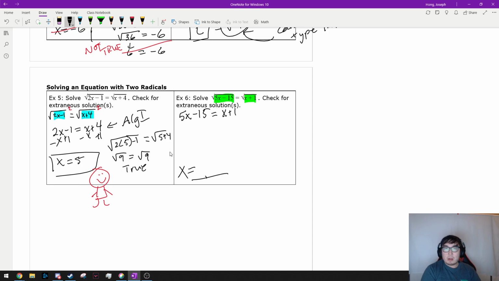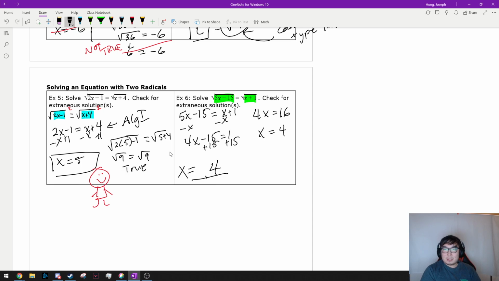That's really the whole point of this type of question. So this becomes minus x. 4x minus 15 is equal to 1. Add 15 on both sides. So 4x is equal to 16. So x is equal to 4.